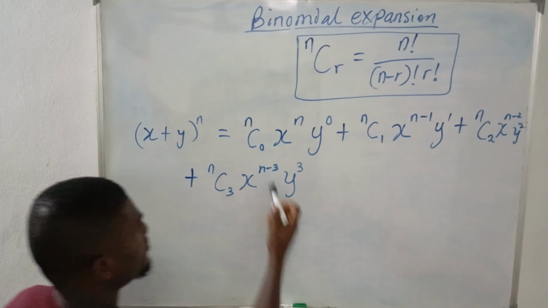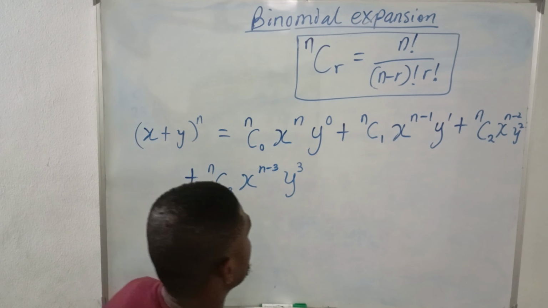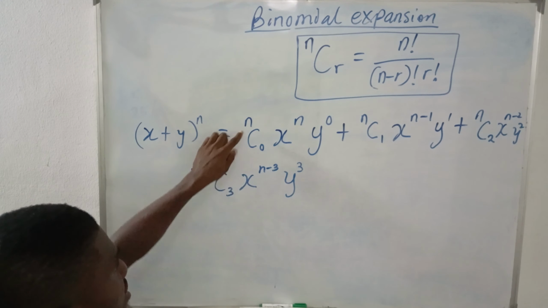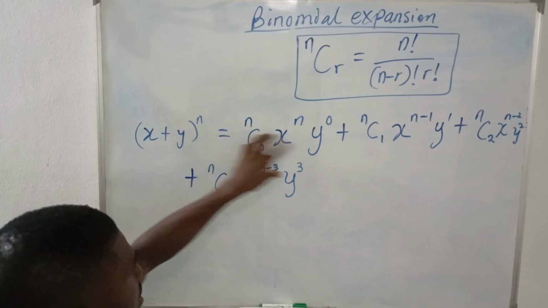You have 0 here, you have 0. Now n here is the same thing as n minus 0 because n minus 0 is still n. So n minus 0, n minus 1, n minus 2, n minus 3. So the numbers that repeat there are n and 0, n and 1, 1, n and 2, 2, 2, n and 3, 3, 3.